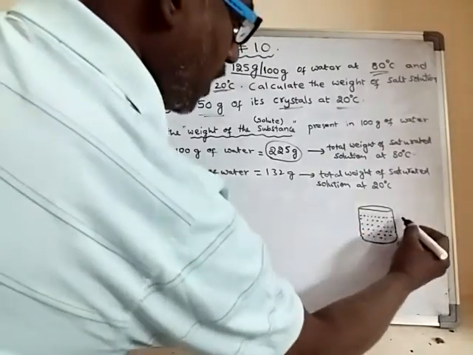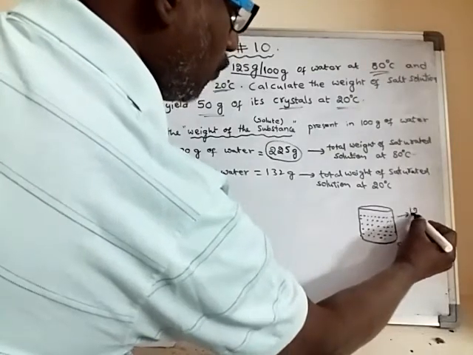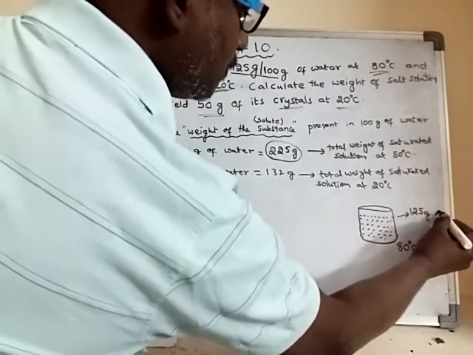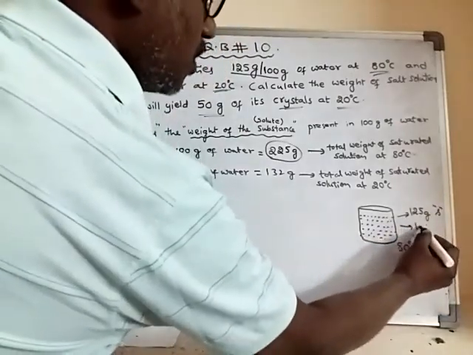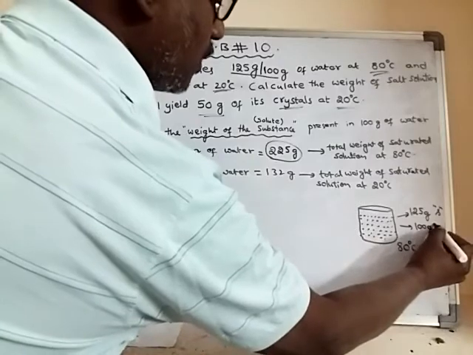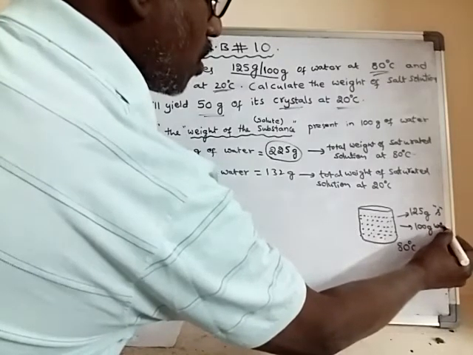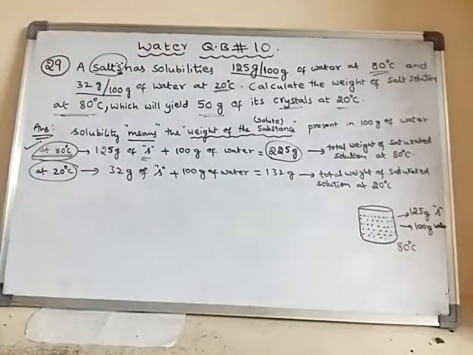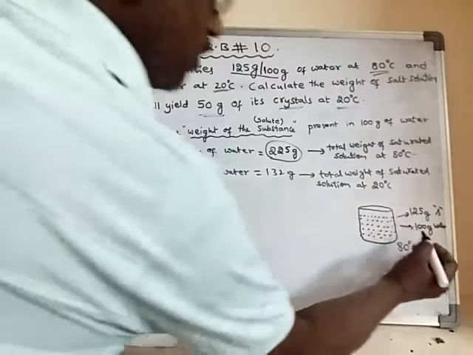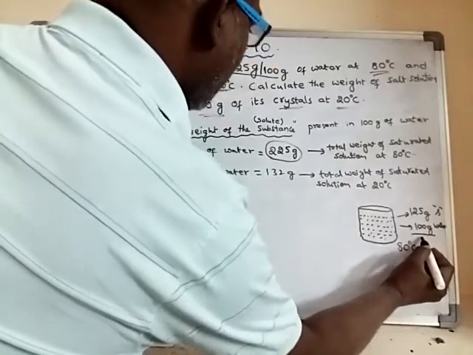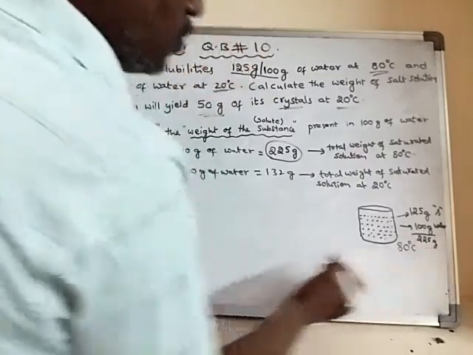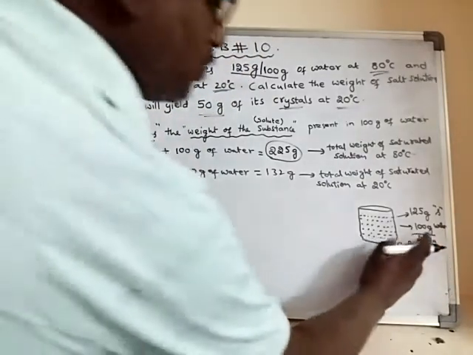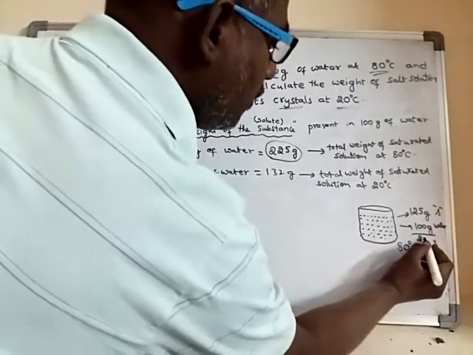If this solution has 125 grams of salt and 100 grams of water, what is the total weight? The total weight is nothing but 225 grams.